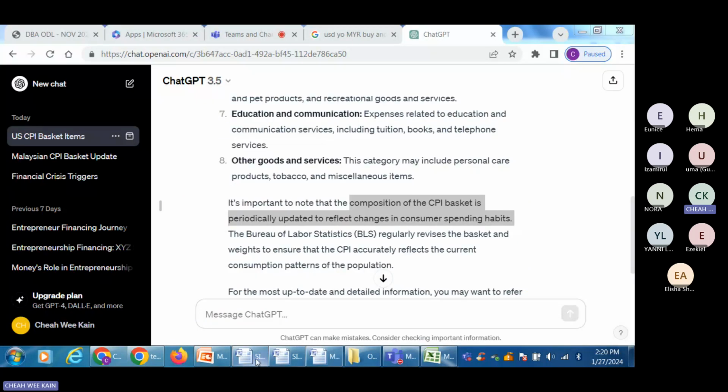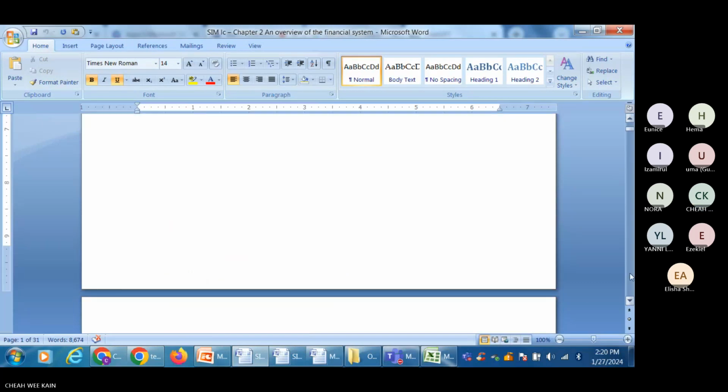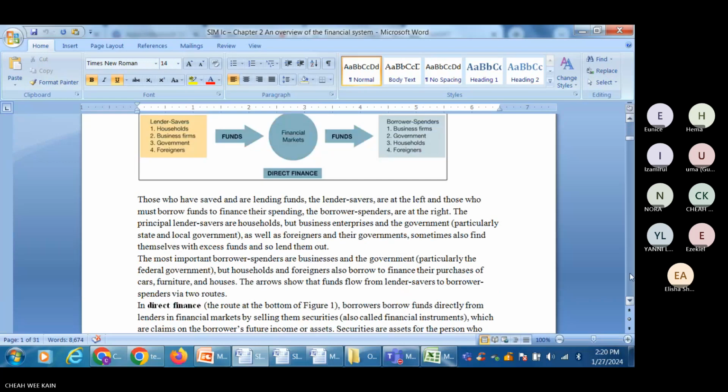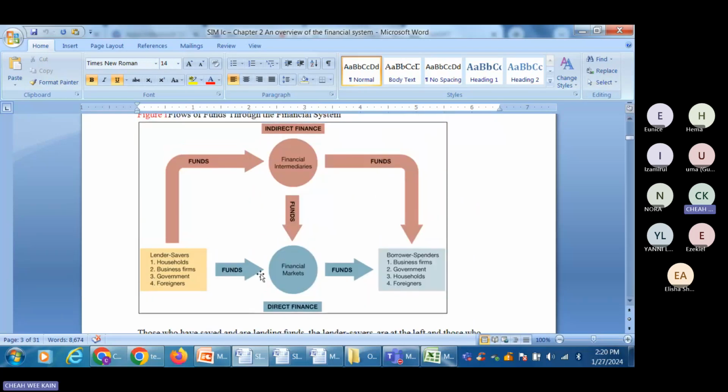Now let's look at the financial system. This is quite an interesting chart. It shows where the money comes from the savers to the borrowers.